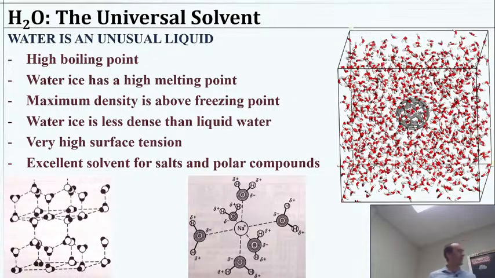So all that said, water does an excellent job with salts and polar compounds, and I have an example here from some research I participated in as a graduate student, where we had a very apolar molecule called a fullerene. It was just all carbon, like a soccer ball, just a cage. I'll talk a little more about that in a moment.